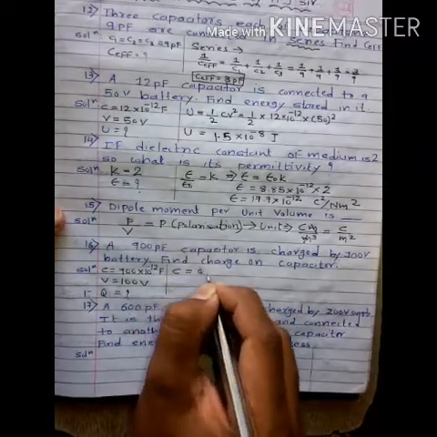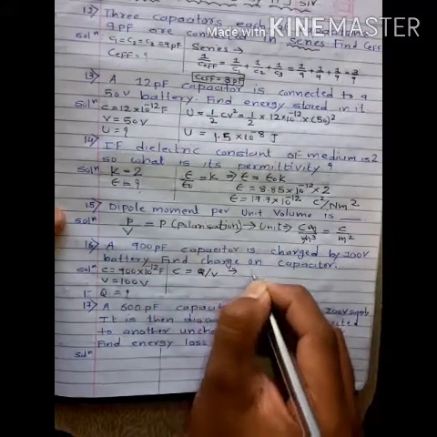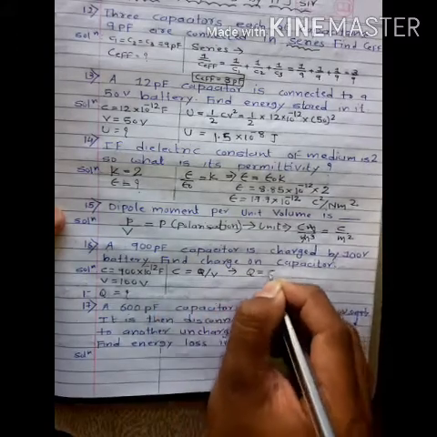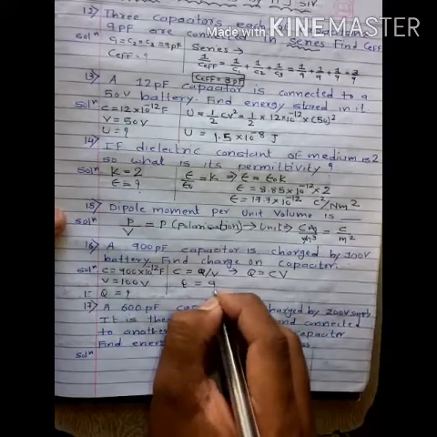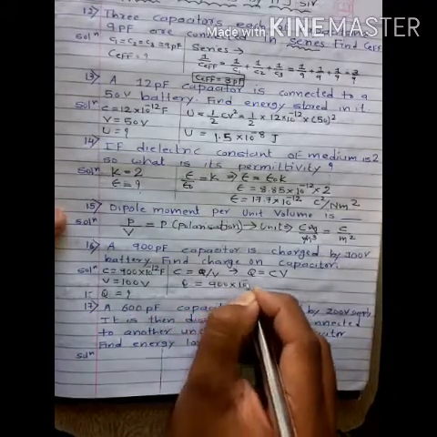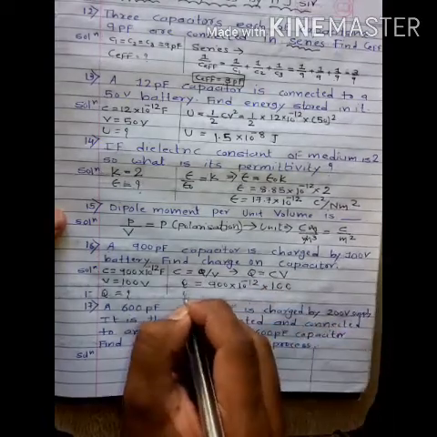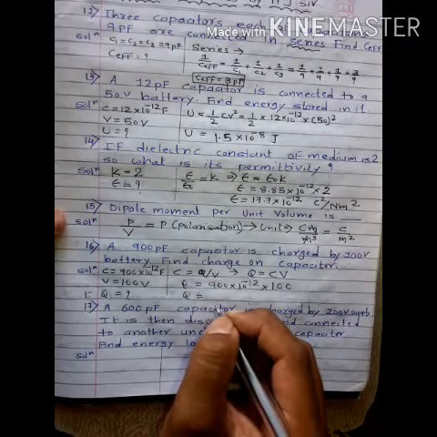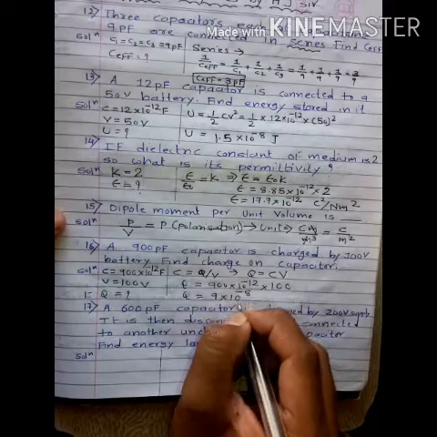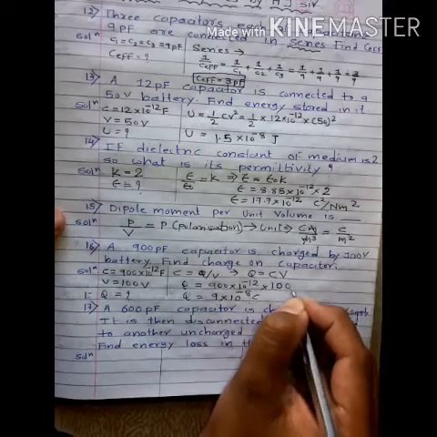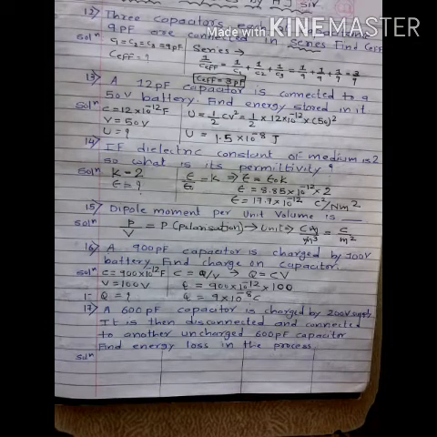C is equal to Q upon V. Here we want charge, so we make the equation of charge. Q is equal to C into V. Therefore Q is equal to 900 into 10 raised to minus 12 into 100 volt. So the value of charge is 9 into 10 raised to minus 8 coulomb. So the charge on the capacitor is 9 into 10 raised to minus 8 coulomb.